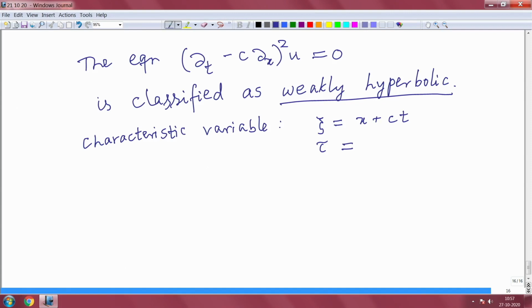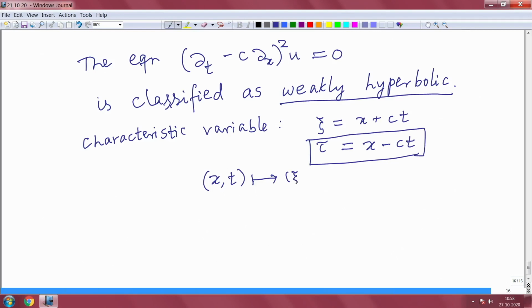So, the Jacobian should not be 0. The easiest choice is eta equal to x minus c t. But remember, this time this is not a characteristic variable. So, we are choosing a different variable so that this change of variables from x, t to xi, eta is non singular.